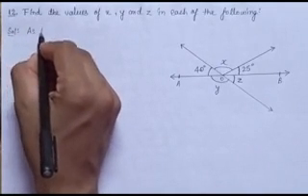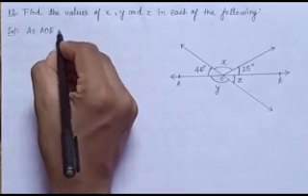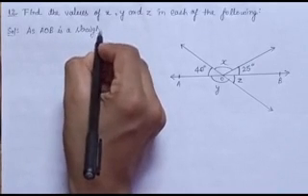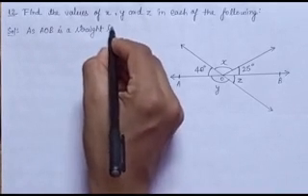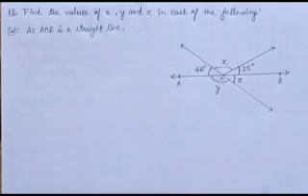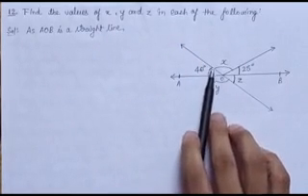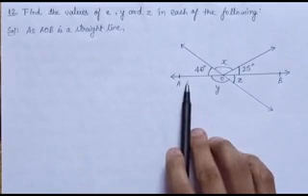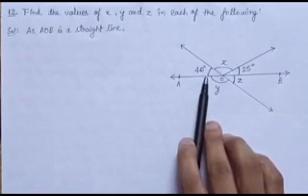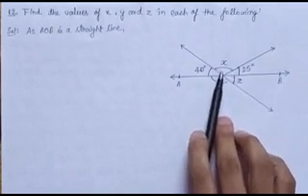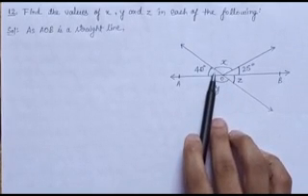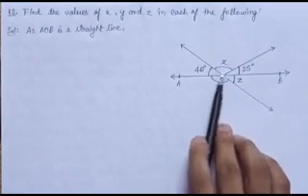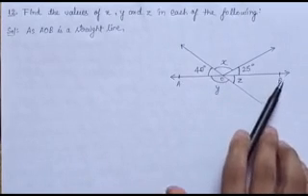As AOB is a straight line, and students, you know that the angle formed on a straight line is equal to 180 degrees. So here you can see that the angles 40 degrees, x and 25 degrees together equal 180 degrees, because these angles are formed on the straight line AOB.